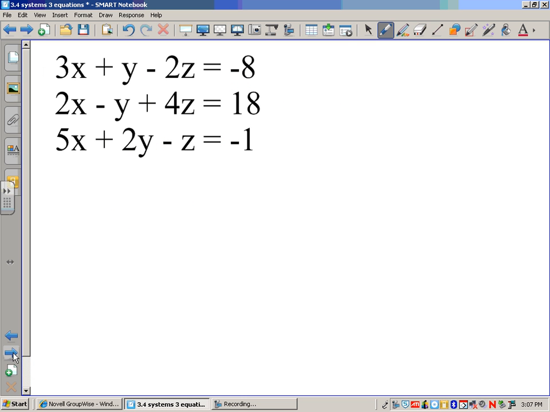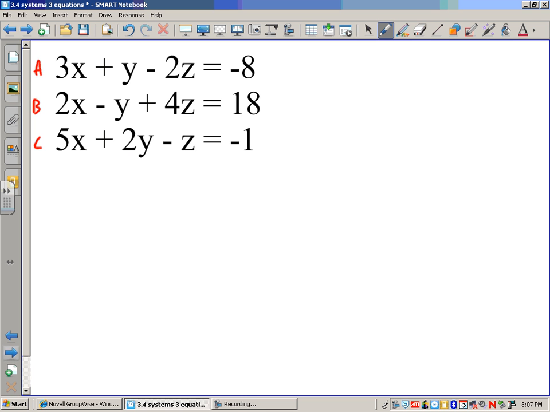So what I'm going to do is go through your notes, which are there, and do the steps. Now, it's written on your paper a different way. You want to follow the way yours is written. So it says label the equations A, B, and C. So I make that A, that B, that C. Now, decide which variable is easiest to eliminate.